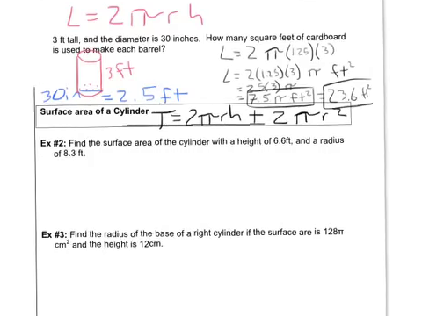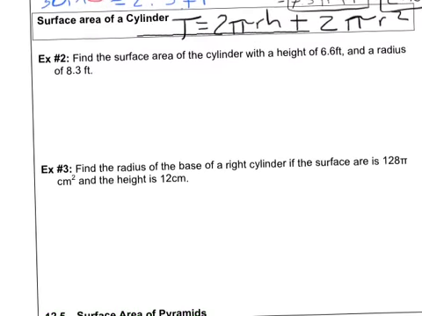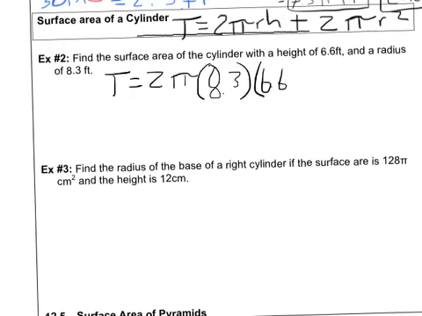So let's just see what this would look like if we were plugging into this next problem. It says T equals 2 pi times the radius, 8.3, times a height of 6.6, plus 2 pi, the radius again is 8.3, and we square it this time.